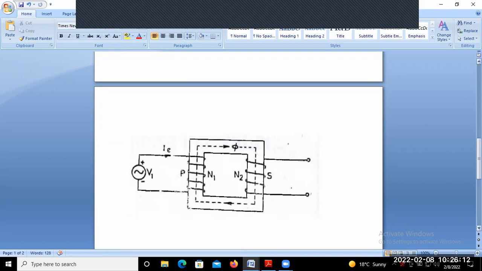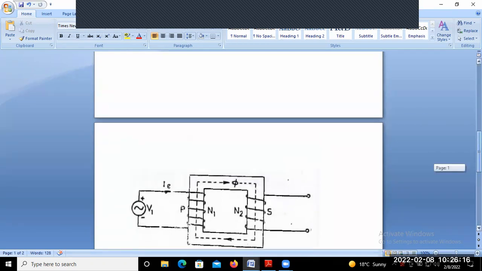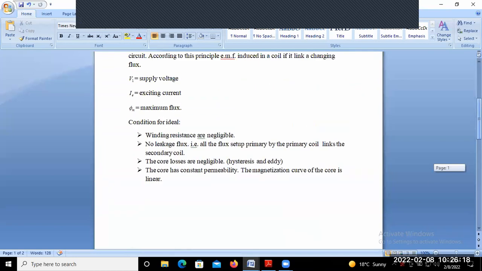You can write here that V1 is your supply voltage, AC supply voltage, which means a sinusoidal waveform. Capital V suffix 1 represents which quantity of voltage: maximum value, instantaneous value, or RMS value?